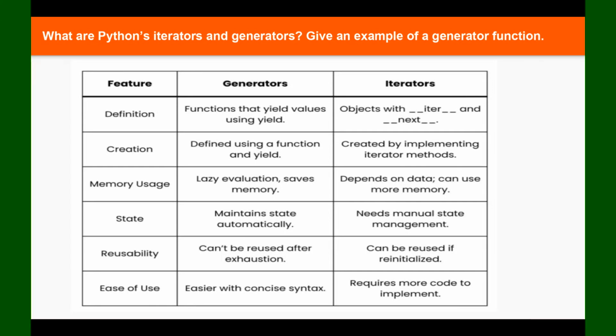In generators, we use yield values. Memory usage is high in iterators because it depends upon the data, but in generators it is low.